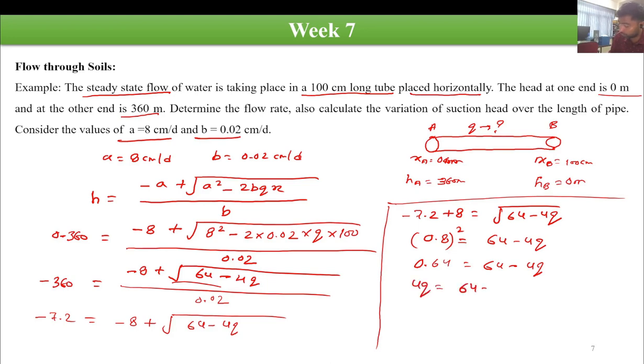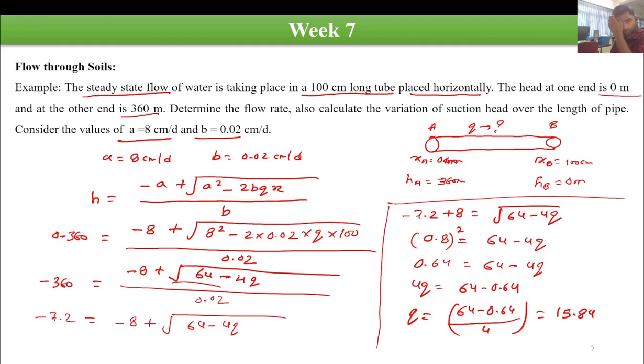4Q is equal to 64 minus 0.64. Then the value of Q is going to be 64 minus 0.64 divided by 4, which is 15.84, right?